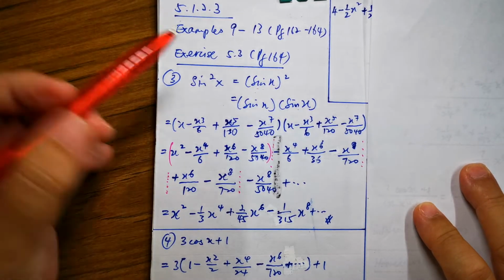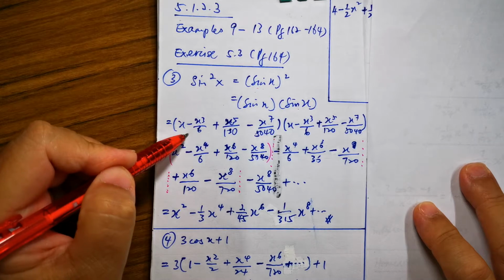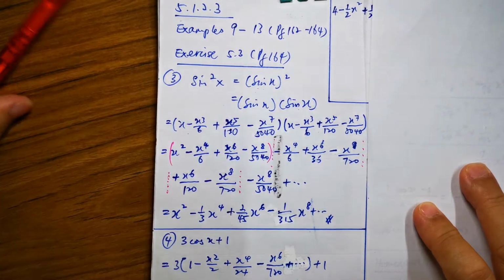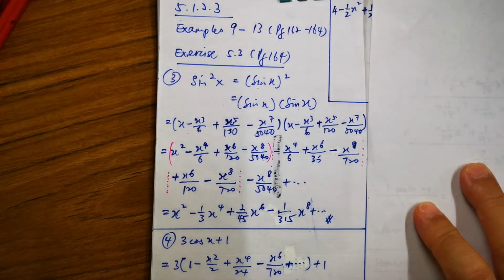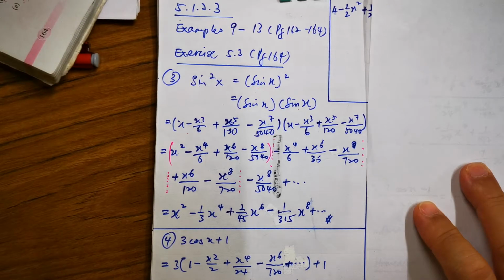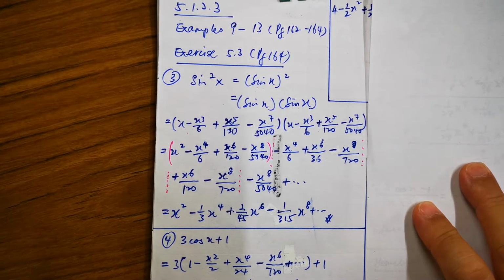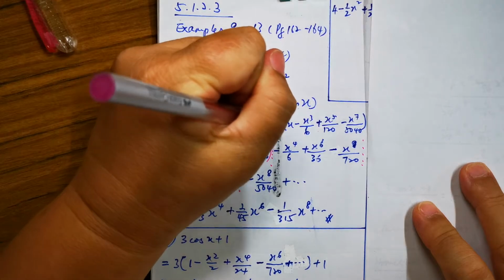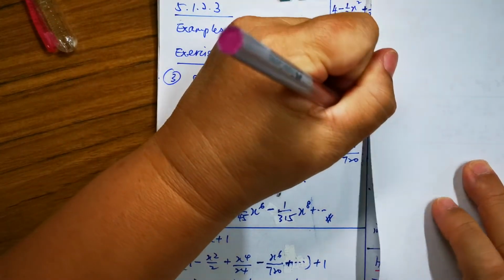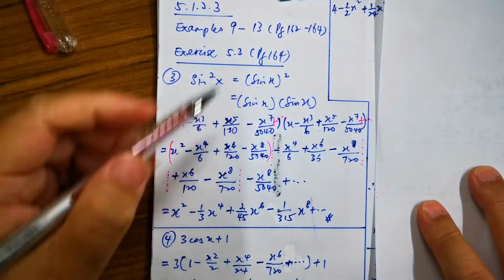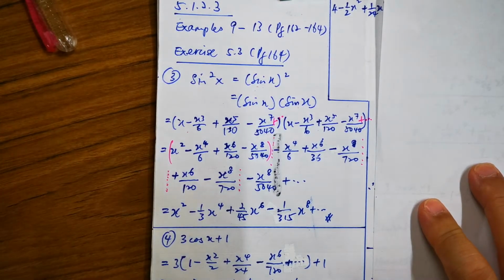It's just multiplication. So this is the expansion for sine x, and this is another expansion for sine x. I made a mistake here where I forgot: you have to write plus dot dot dot. Don't ever forget your plus dot dot dot.